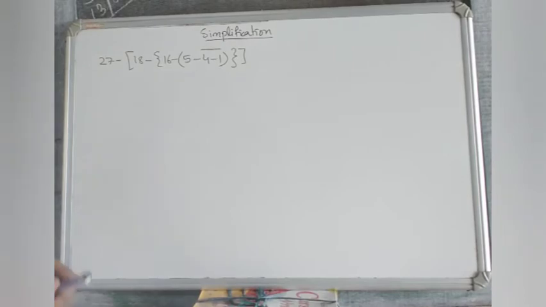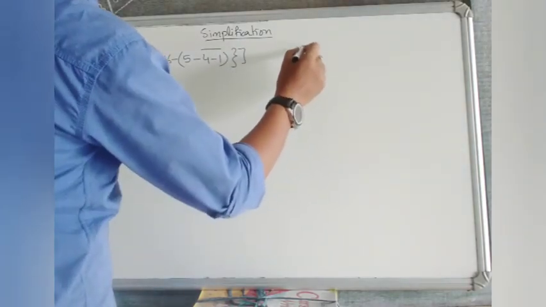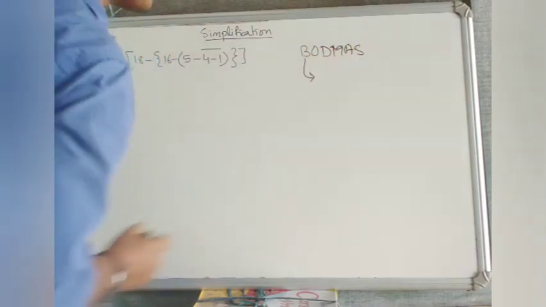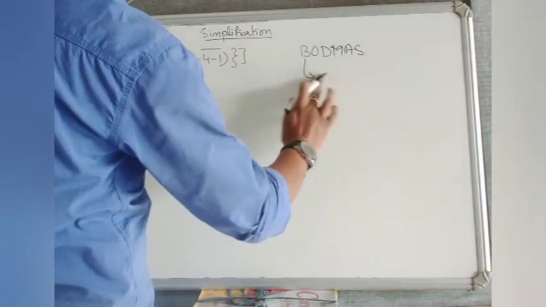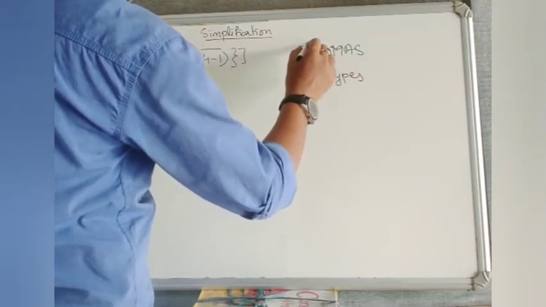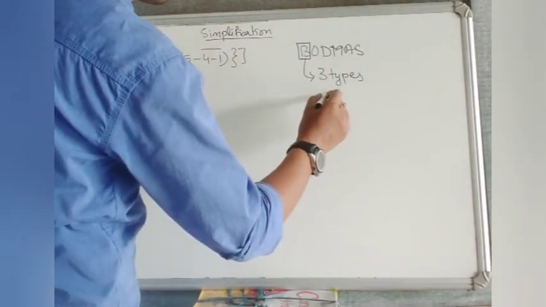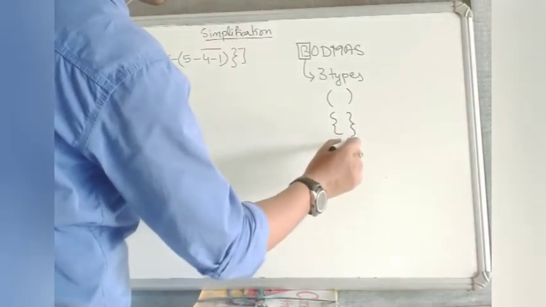Now we will take another question which is a little more complicated. Now here we have to use everything, but before that you have to learn the brackets. So in BODMAS, first thing is your brackets. Now in brackets there are three types of brackets: first bracket, second bracket, and the third bracket.